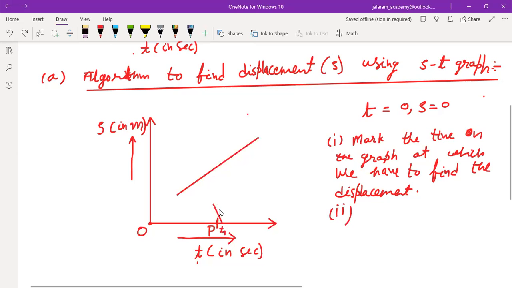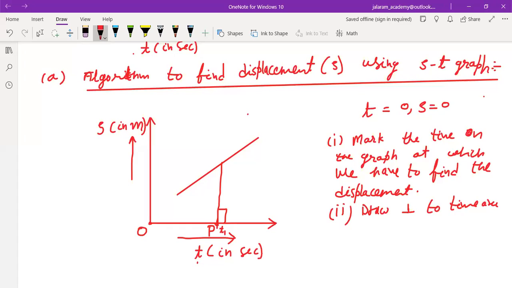Draw the perpendicular to the time axis at the given point P, which is showing the time for which we have to find the displacement.